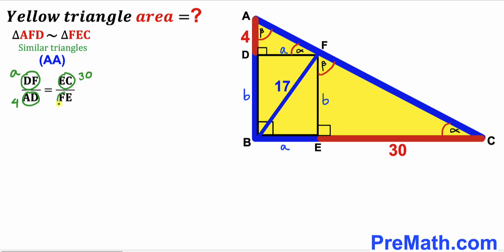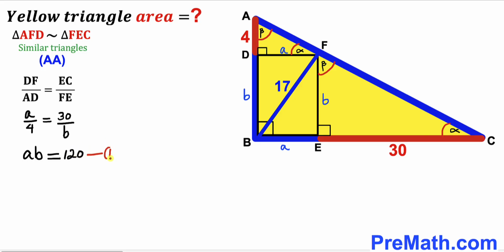And finally, this FE length is lowercase b. So I'm going to substitute that one for lowercase b, as you can see in this next step. And now we are going to cross multiply. So therefore, our a times b value turns out to be 4 times 30, which gives us 120. And I'm going to label this one as our equation number 1.